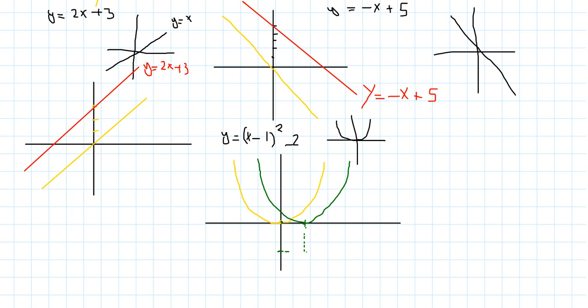Suppose that here is minus 2, so I shift it to minus 2. It is the final graph. So y equals (x minus 1) squared minus 2. Now let's go to another example.